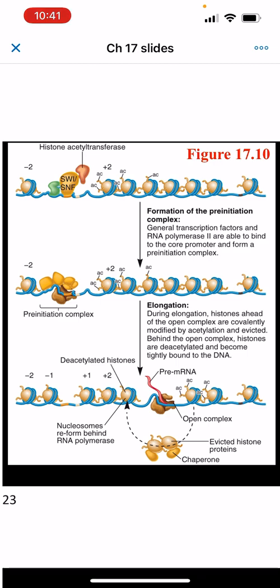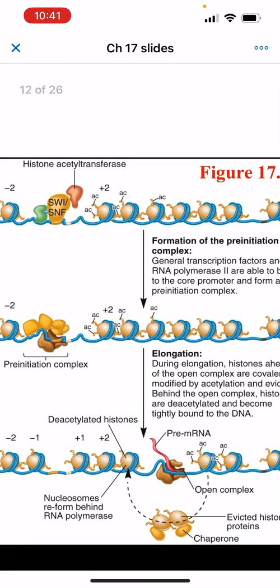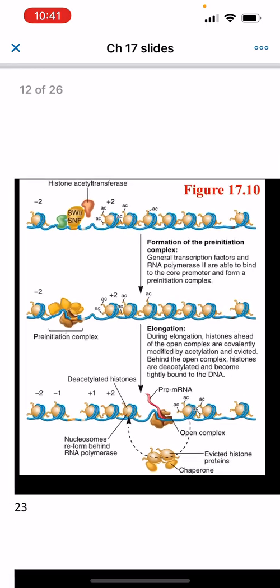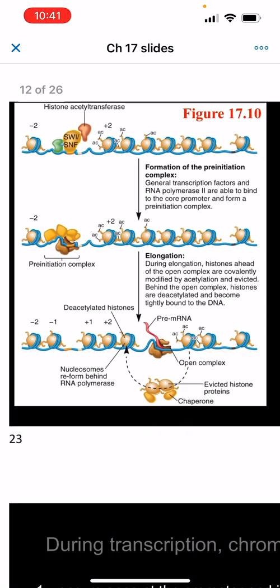All right, and so what's going to happen is as RNA polymerase moves through here, these nucleosomes might get evicted and might have to reform behind RNA polymerase. So when the DNA loosens its grip and RNA polymerase moves through, those nucleosomes might lose their binding completely from the DNA.